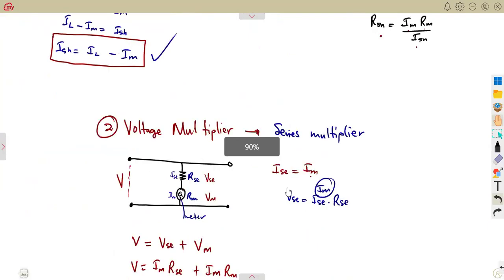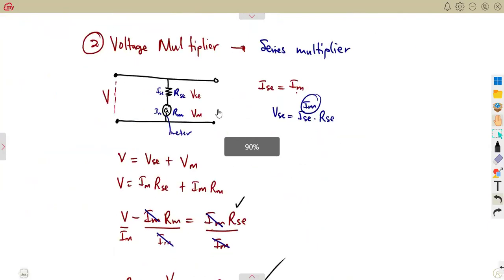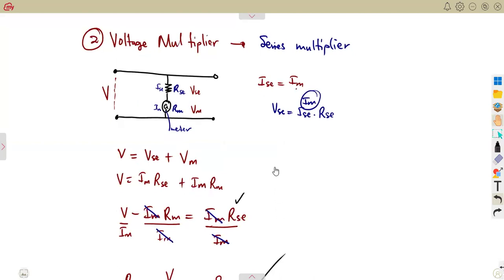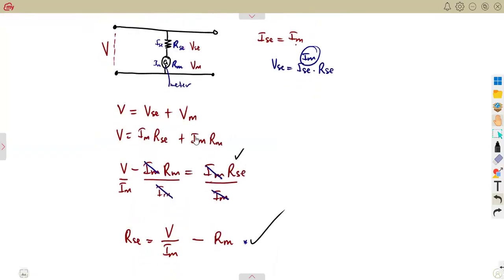Are you calculating the series resistance when this meter is to be used as a voltage multiplier to measure a certain voltage, which is a maximum voltage to be considered? That is the maximum voltage to be considered.